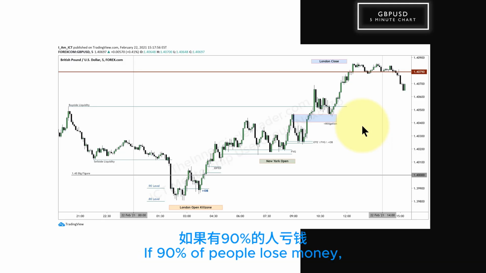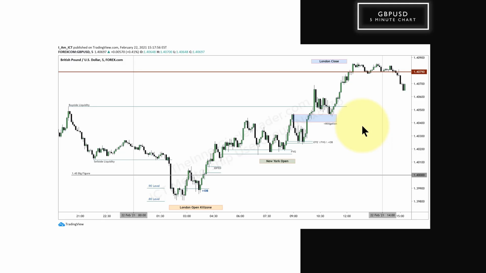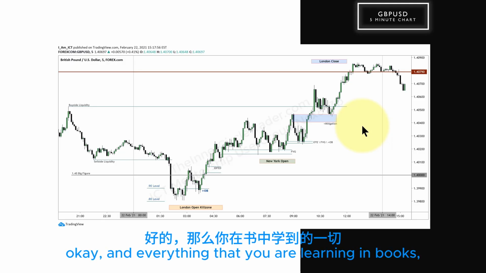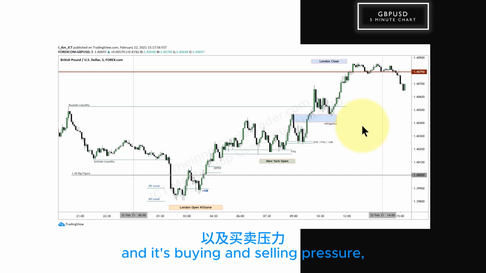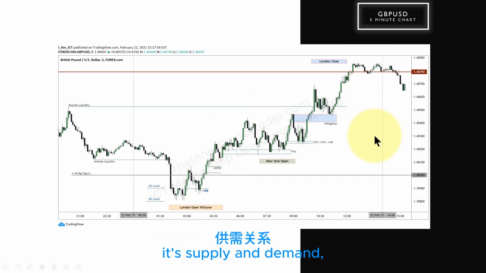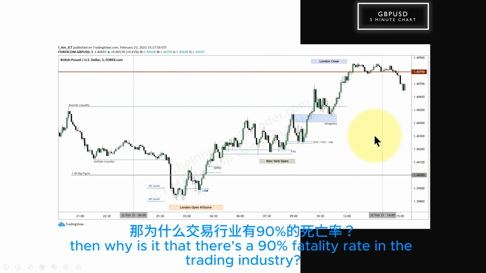If 90% of people lose money, okay, and everything that you are learning in books is buying and selling pressure, supply and demand, if those things are true, then why is it that there's a 90% fatality rate in the trading industry?